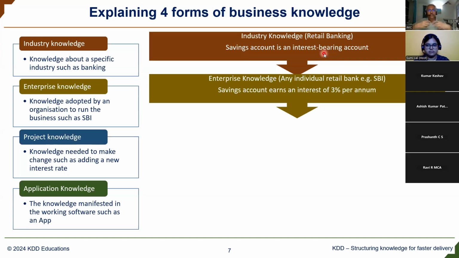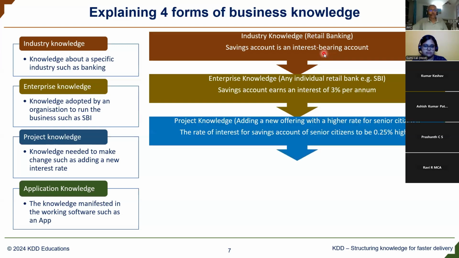So as an enterprise, you decide that I will pay 3% per annum. Some other bank may say I will pay 1% per quarter. So that becomes the enterprise knowledge. As a business analyst, you need to understand the enterprise knowledge. Now, let's say the same bank, SBI, is trying to offer a separate account or separate interest rate for senior citizens.